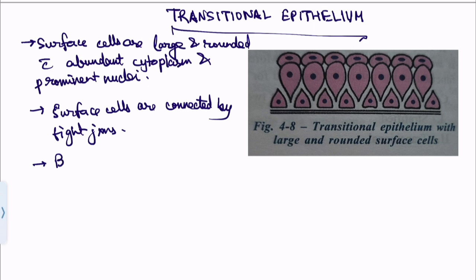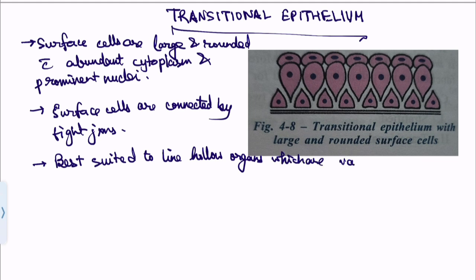This epithelium is best suited to line hollow organs which are variable in degree of distension.